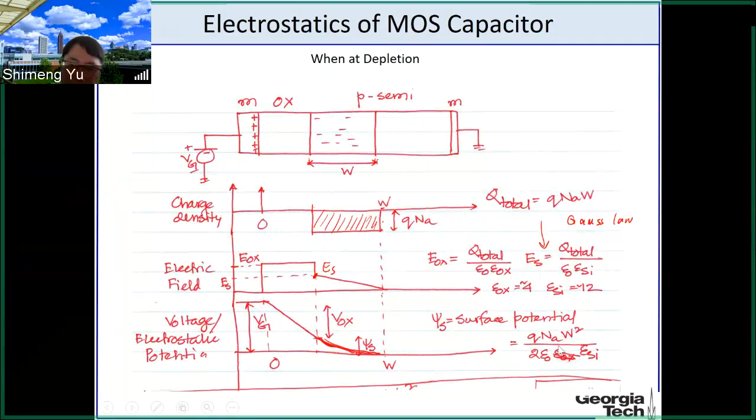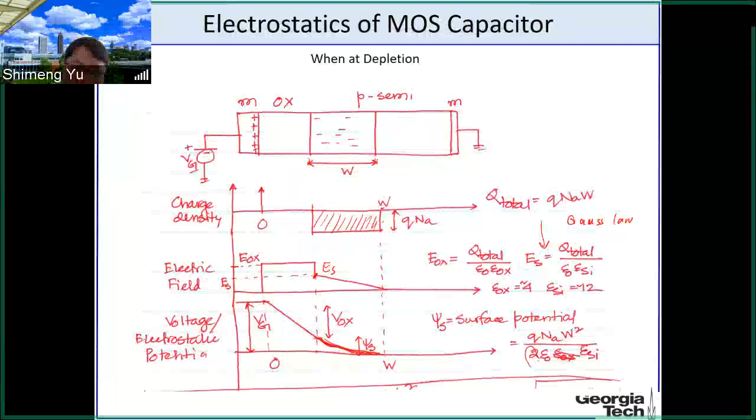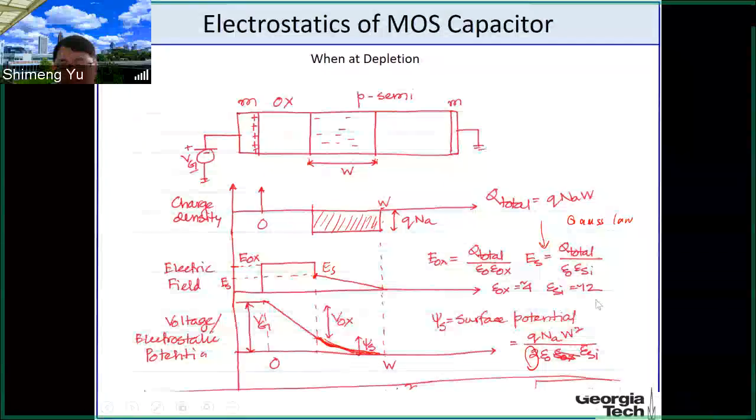So that's why you have the half here. And here the x is w. We integrate along the distance w. So that's why the surface potential is this one. Integrate from here to the w.